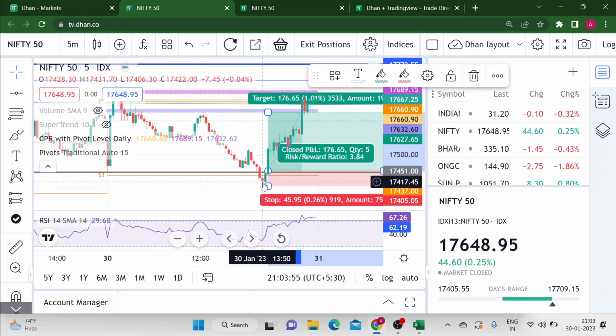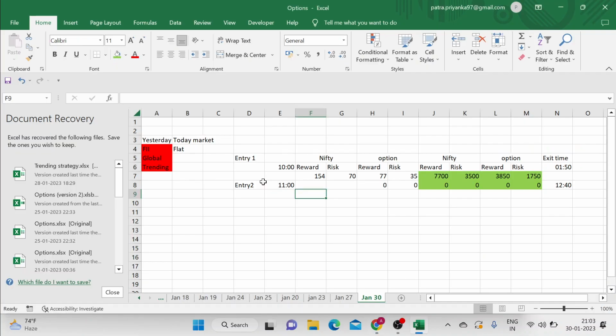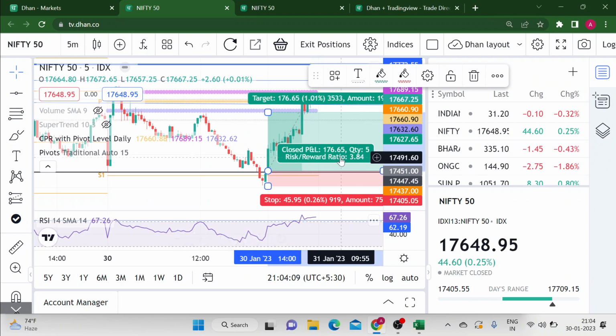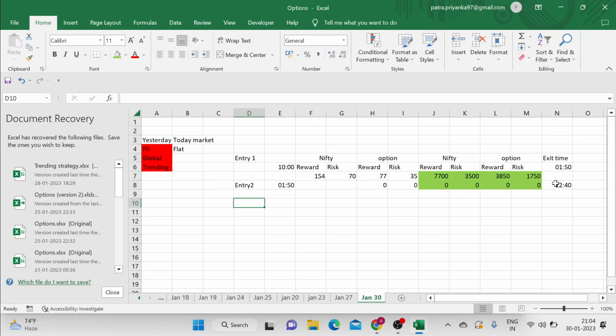At what time is it, 150, we got this trade, and we are closing this trade at 3 o'clock. That's fine.